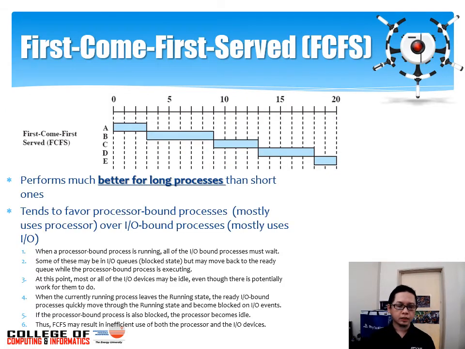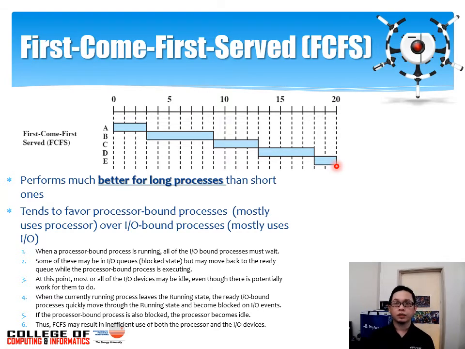Okay, so based on this example, the first come first serve method does not perform well for short processes, because let's say even if a process is short, because it arrived late, it needs to wait since it arrived much later in the queue. So although it takes just a short while to execute, it needs to give way for all the previously arrived processes in the queue.